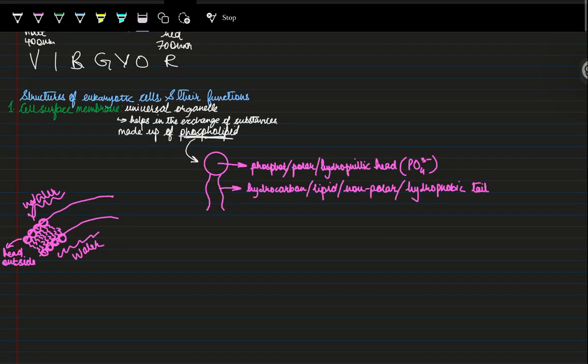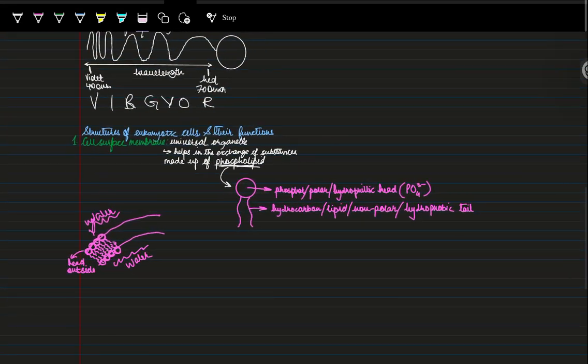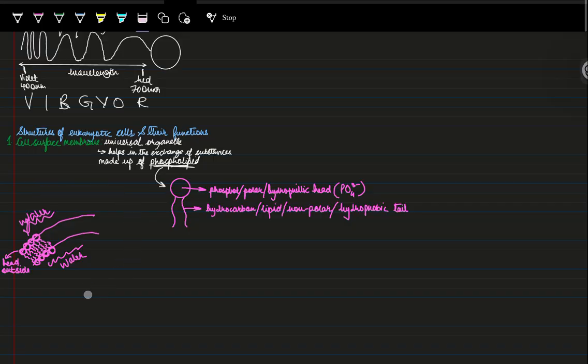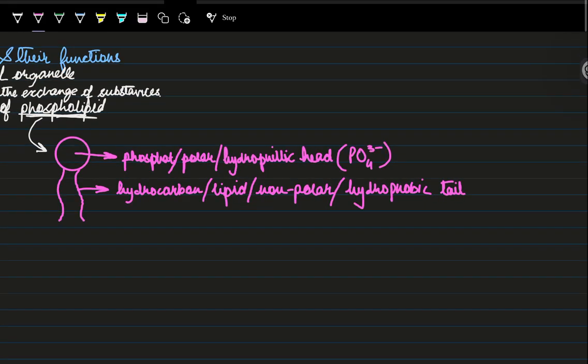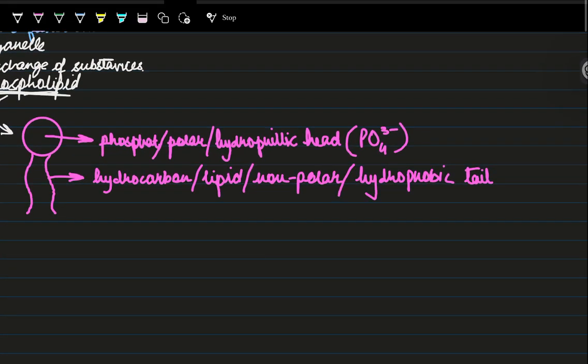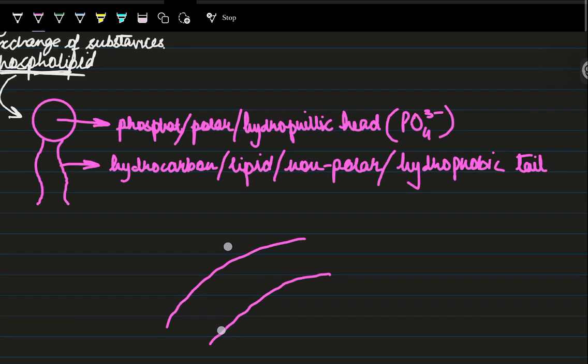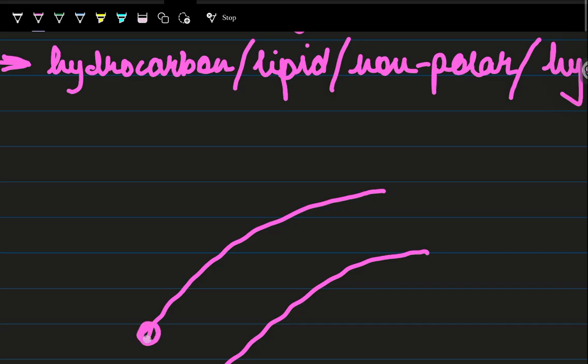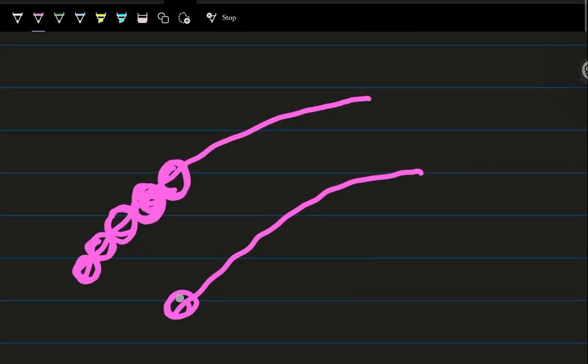Perfect. Please draw the diagram. I'm going to erase it. So I'm just going to draw the membrane again in a much neater way. This is the outer membrane, this is the inner one. Please bear with me.